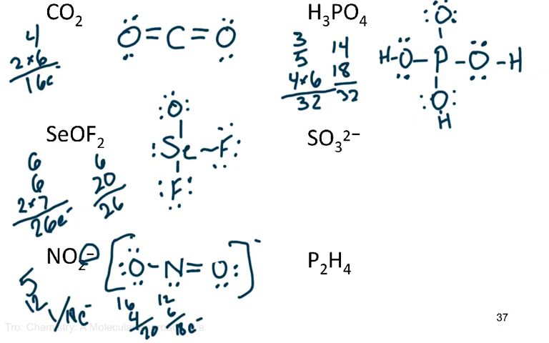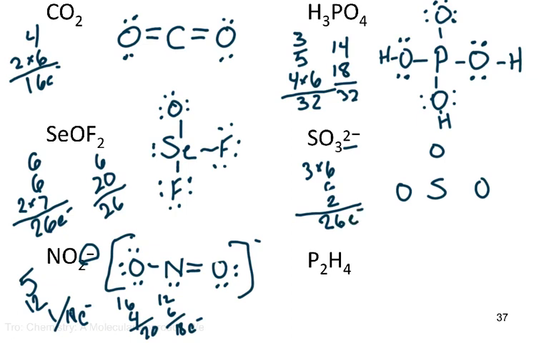SO3 2 minus. I'm going to put my sulfur in the middle, surround it with my 3 oxygens. Each oxygen comes with 6, so does my sulfur, plus 2 from my 2 minus here. So that gets me a total of 26 electrons.